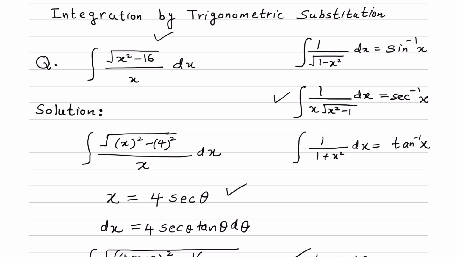So our question is similar either to the sine situation or the secant situation. The first situation involves the square root, and inside the square root the constant is written first. So our question is similar to sine situation.